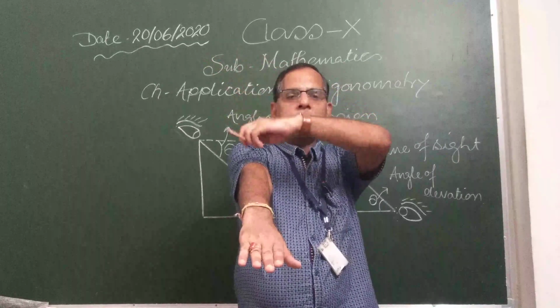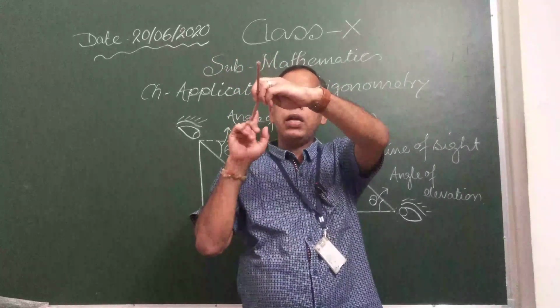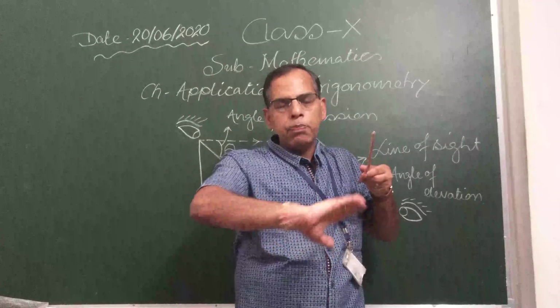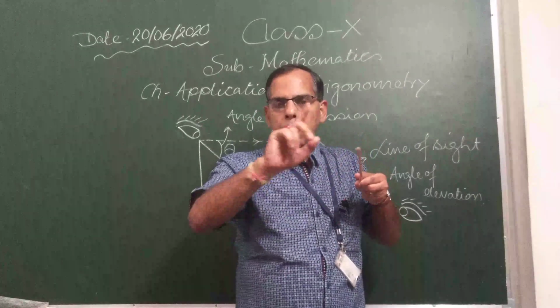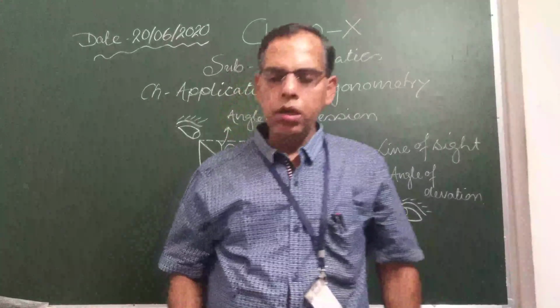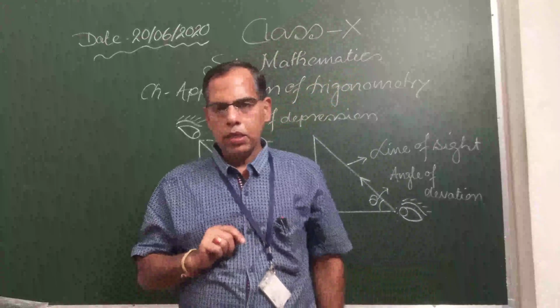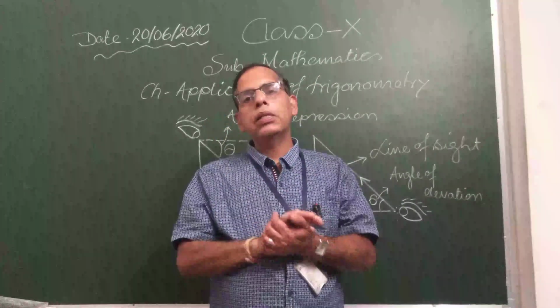So this is a transversal, and this virtual line will be parallel to the base. As it is parallel to the base, then you know the condition of a pair of parallel lines and a transversal, that alternate angles are equal.